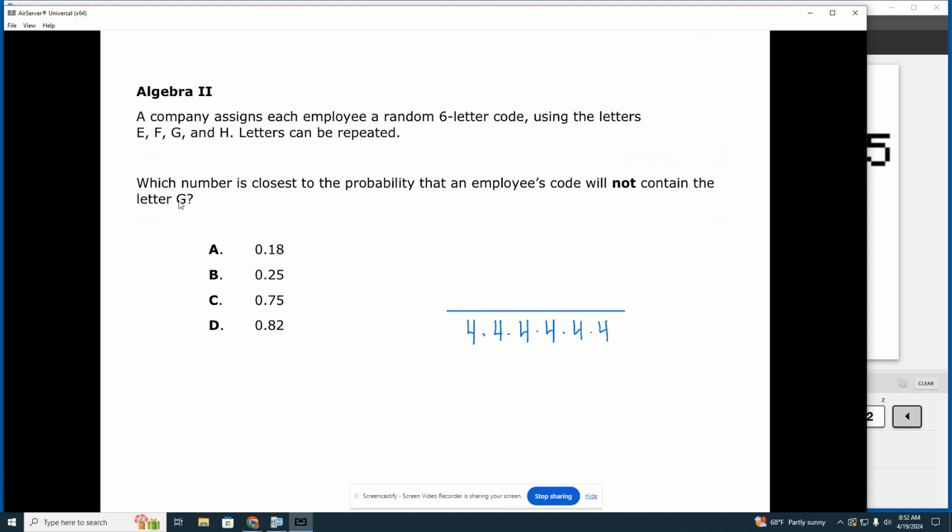But this is asking which number is closest to the probability that an employee's code will not contain the letter G. So here I have all 6 of these positions, but none of them can be the letter G. If they can't be the letter G, what are they allowed to be? E, F, or H. So there are 3 possibilities for every one of these values. So my probability will be 3 to the 6th over 4 to the 6th.